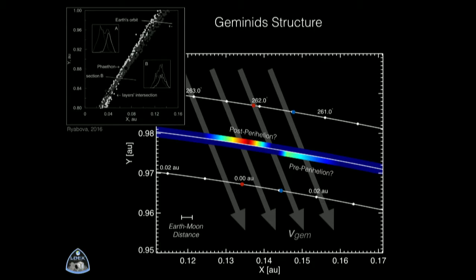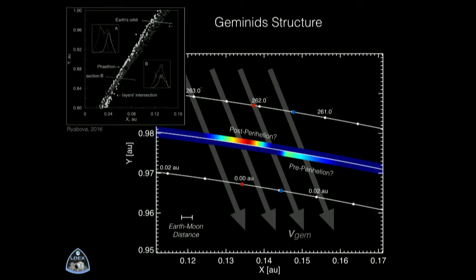And there's a model that says if this formed very quickly, say on a close flyby near the sun, the material ejected pre-perihelion and post-perihelion might evolve differently and form this tail kind of structure, this double peak. And the widths of these peaks and the separation of the peaks will actually inform you about the formation of this stream, whose parent body we think is Phaethon.